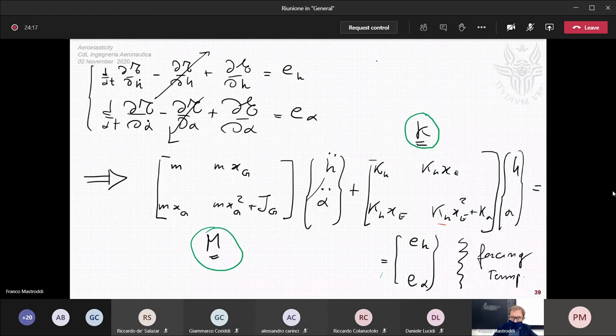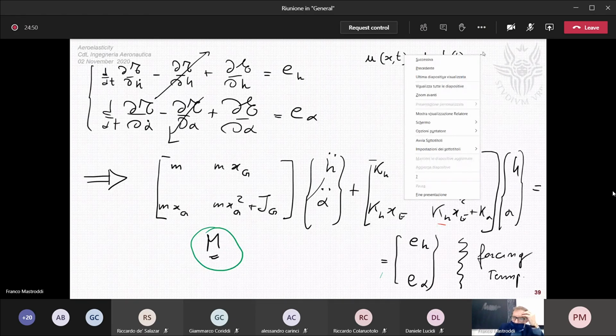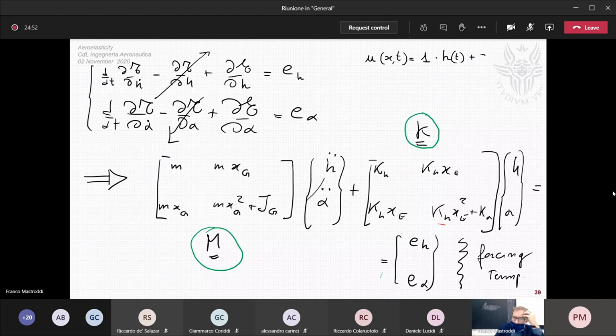Now, consider the general theory we have developed for this Lagrange equation of motion, and in this general theory we have that the displacement is equal to this shape function, this trivial shape function multiplied by our generalized coordinate, plus another shape function x by this other generalized coordinate.